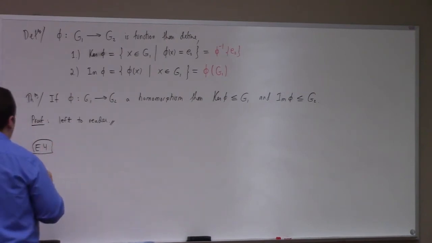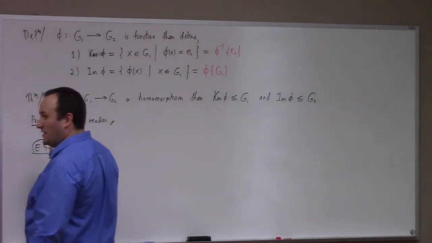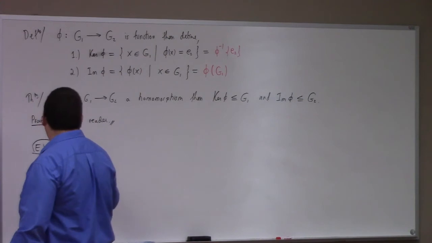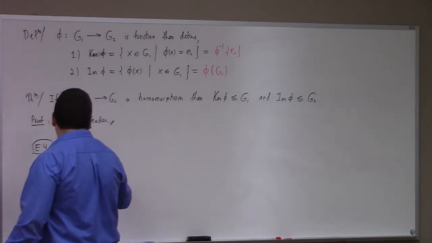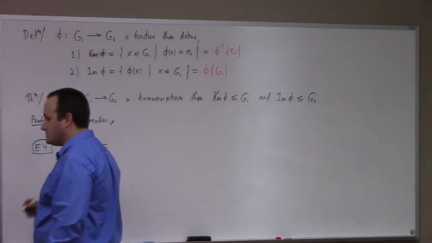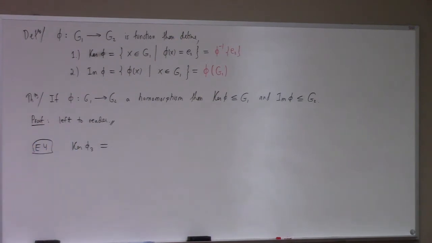But anyway, an example of this: what's the kernel of phi 3? So you tell me, what does this mapping phi 3 send to the identity? Everything in what? AN, right?